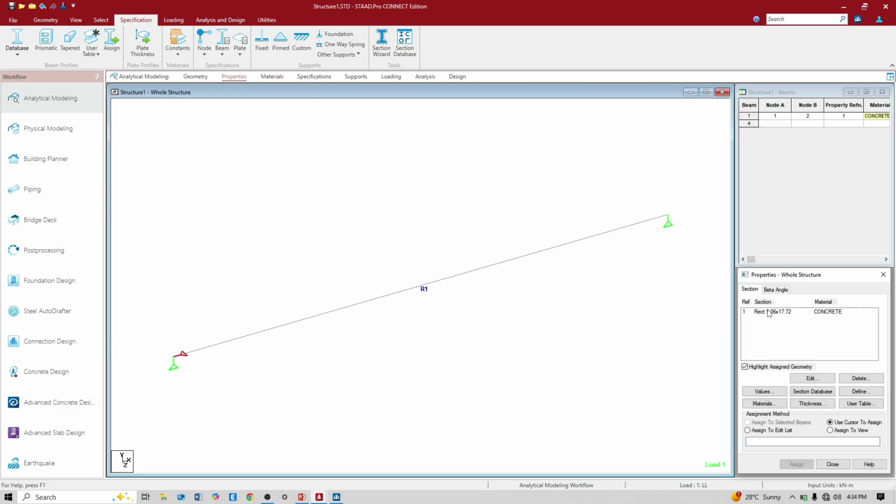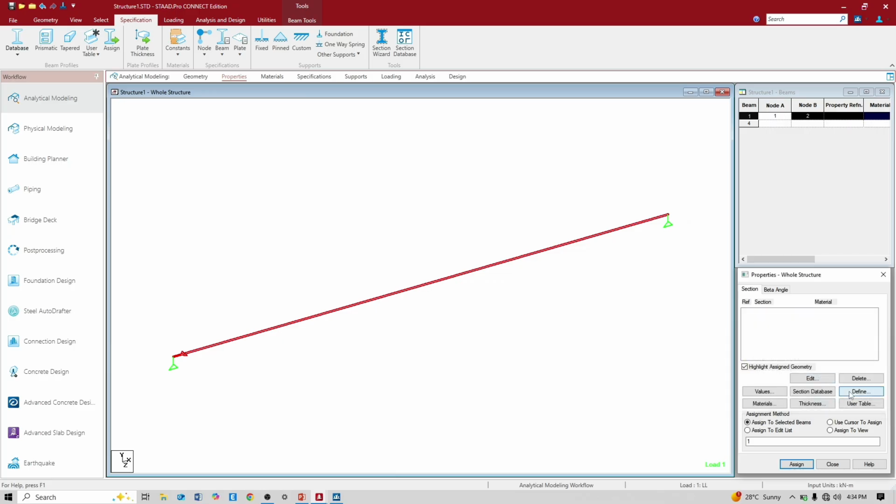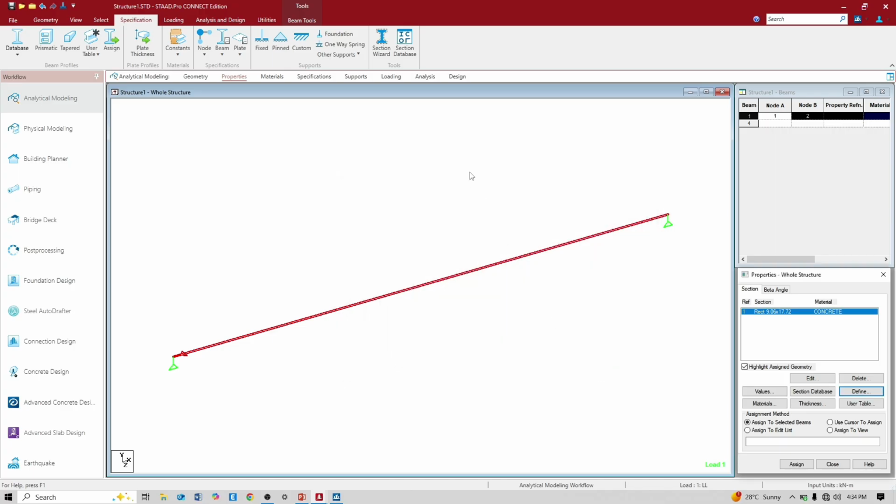Property. Delete this property and again define. Elastic modulus, modulus of elasticity, is the ratio of stress upon strain within elastic limit, Hooke's law.